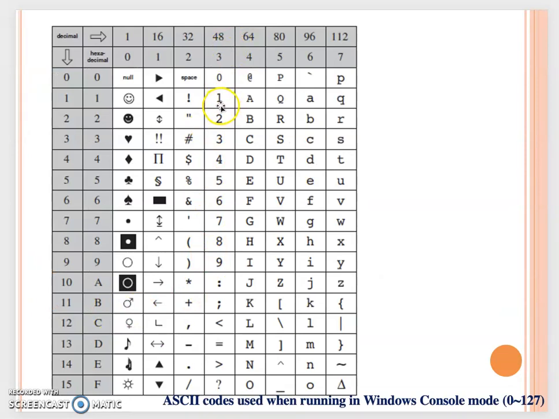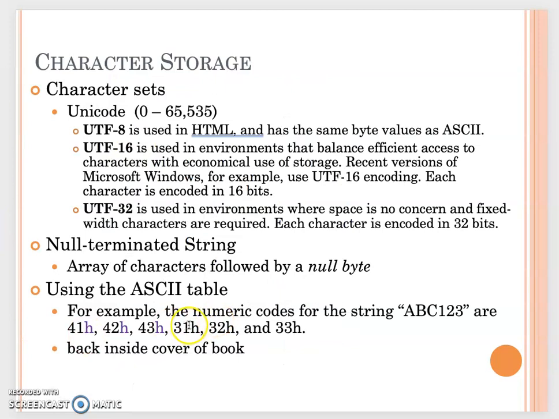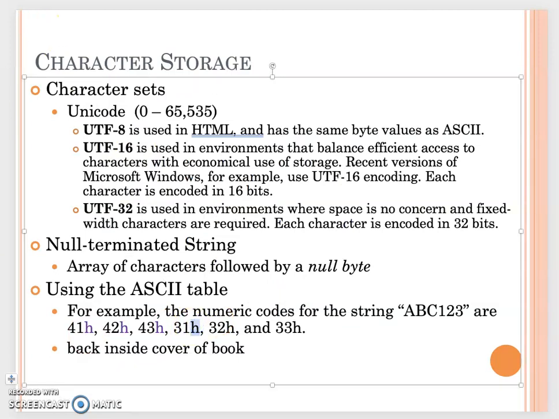Instead, they will see 1 is 48 plus 1, so 49 is the ASCII value. So they will store 49, 50, 51 for 1, 2, 3. When I say the ASCII value 65, 66, 67, that's the decimal. Converted to hex, they are 41, 42, 43, and 31, 32, 33 are the hex values for 1, 2, 3.